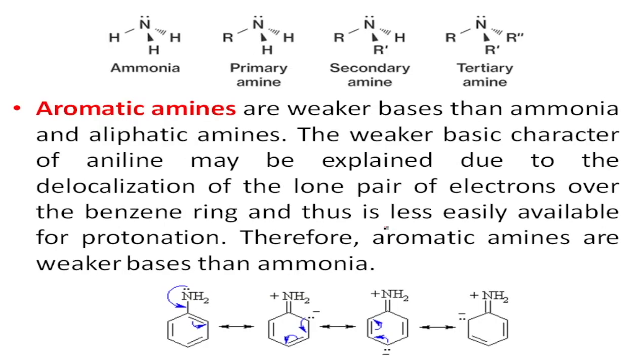So, ammonia is NH3, with 1, 2, 3 hydrogen atoms here. In a primary amine, one hydrogen is replaced by an R group. Secondary has 2 R groups. Tertiary has 3 R groups. Because these R groups are alkyl groups, they are electron donating.